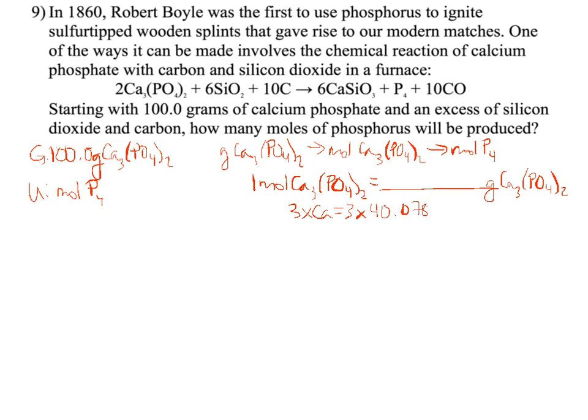And then you have to understand that you have a 2 outside this parentheses, which means everything inside has to be multiplied by 2. So that means we actually have 2 phosphorus, so that's 2 times 30.974. And that means that we have 8 oxygens.